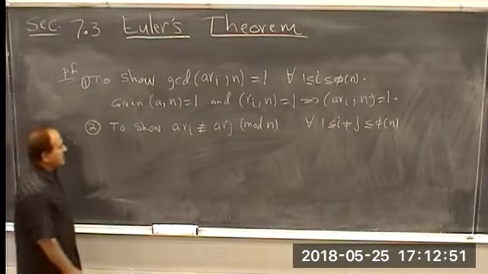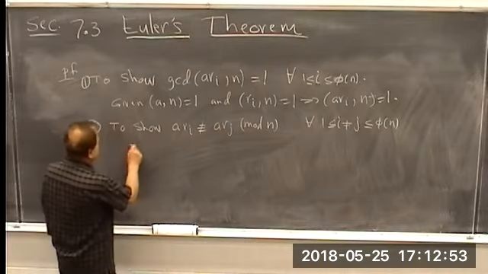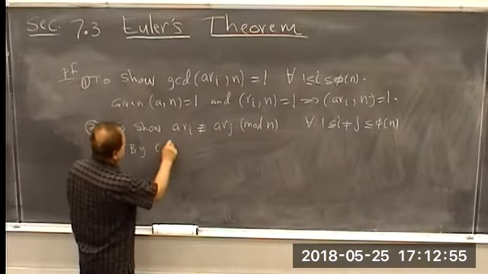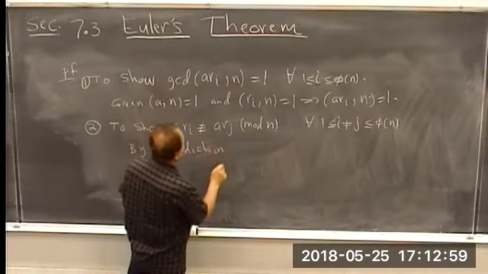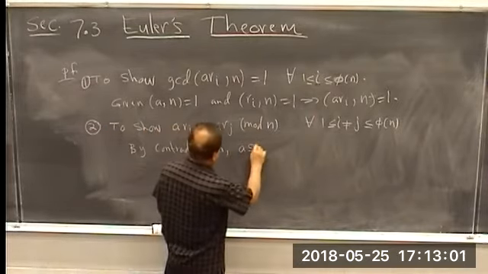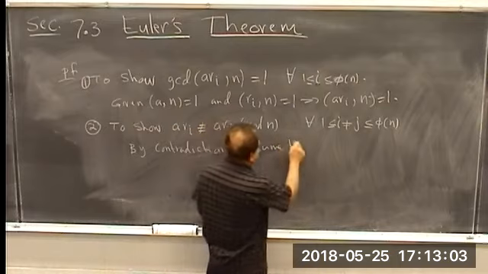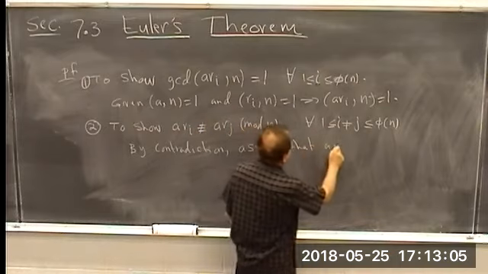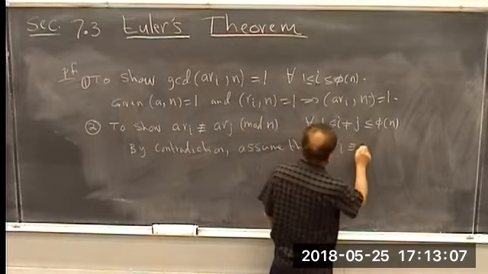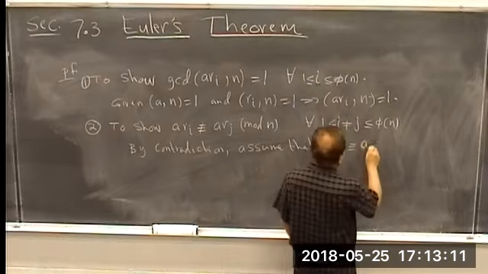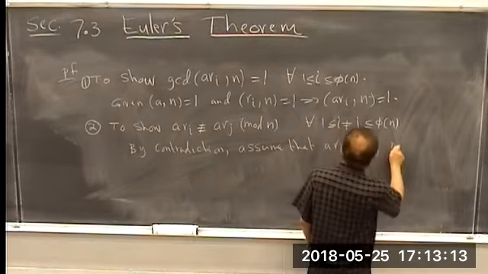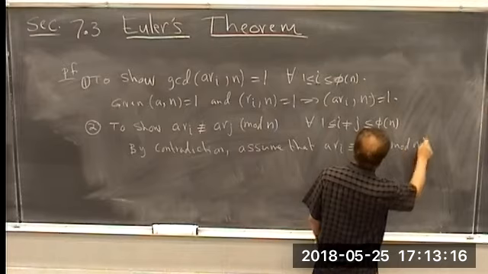And here, well, we're going to assume by contradiction. So I'm going to assume that they are congruent: a Ri is congruent to a Rj mod n.